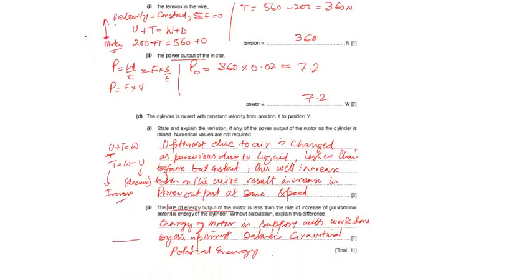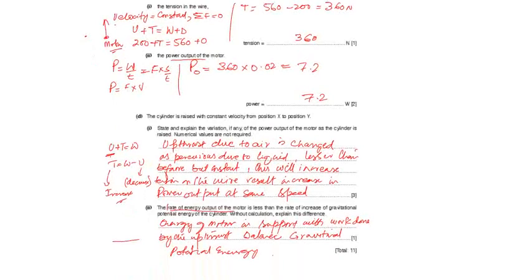This will increase the tension in the wire, resulting in an increase in power output at the same speed. Like above, P equals F times velocity. Velocity is the same and the force, meaning tension, has increased, so the power is also increased.